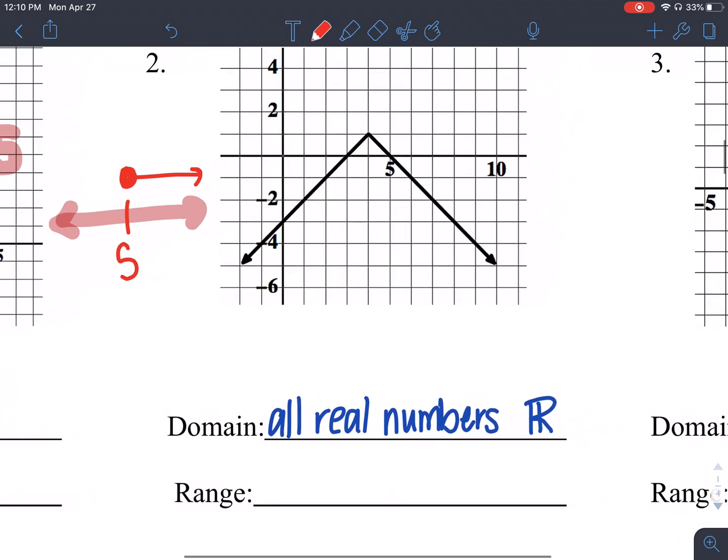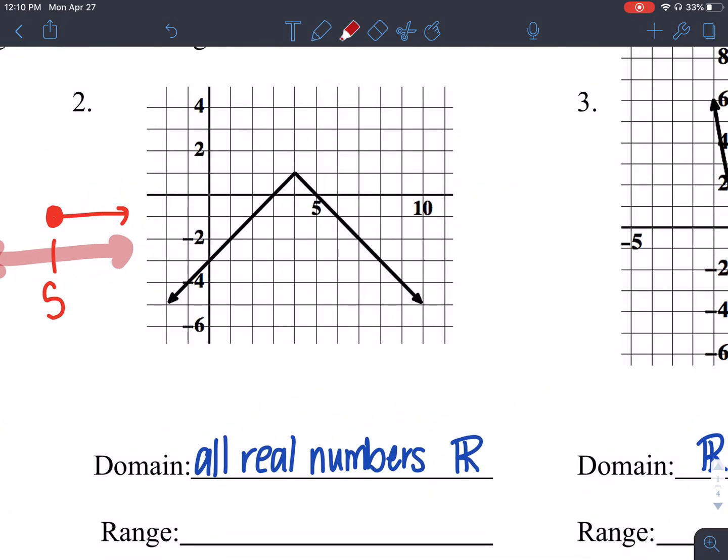Okay, this one, smallest to highest, I see arrows, so I know that at least one of the directions is going to be going on forever. So I look for the lowest. I don't have a lowest point since those arrows mean it's going to decrease forever, left and right. Then I see my highest point is right here, which has a y value of 1.